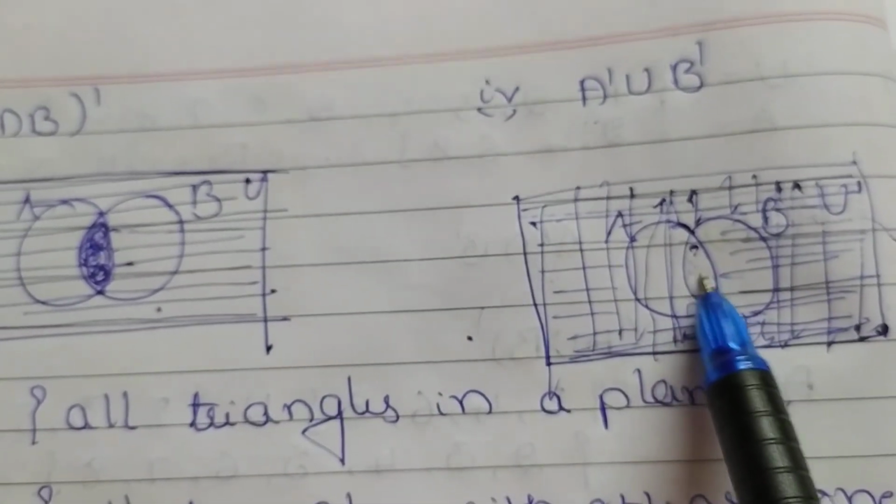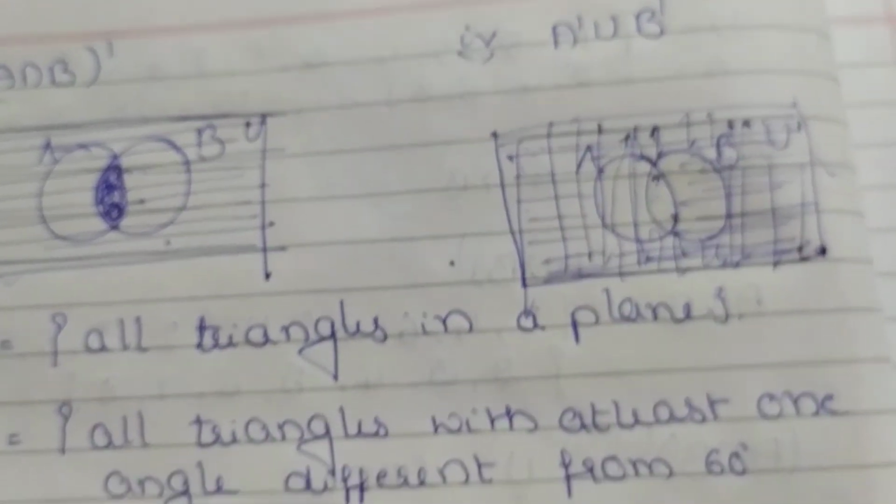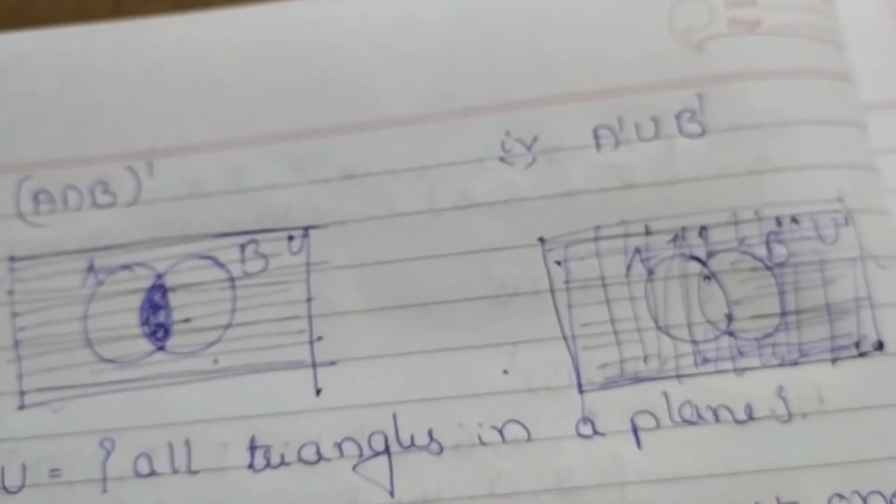Other than the common part, the remaining whole part is shaded. That is A complement union B complement. So you will be getting A intersection B whole complement is A complement union B complement.